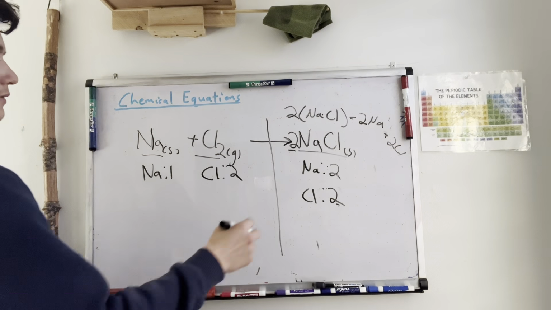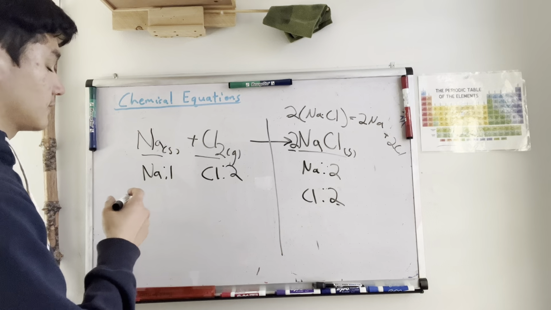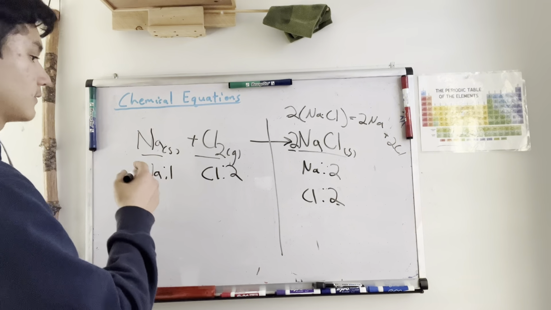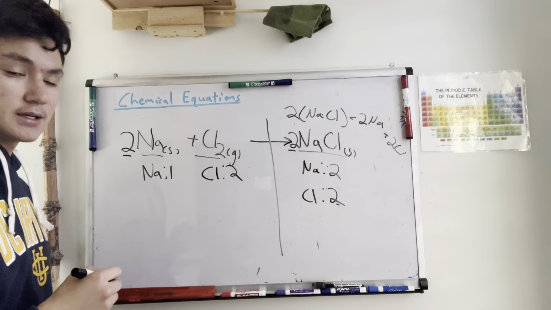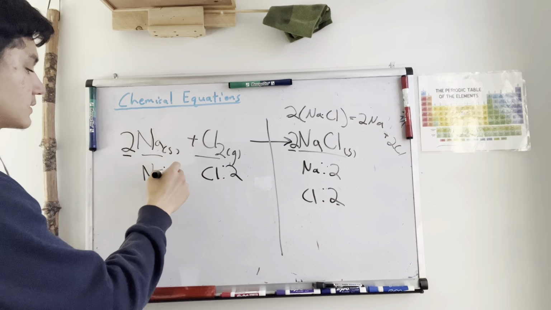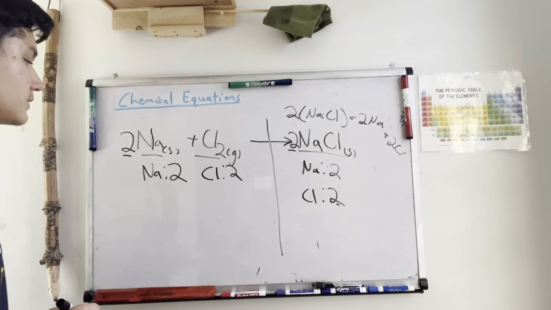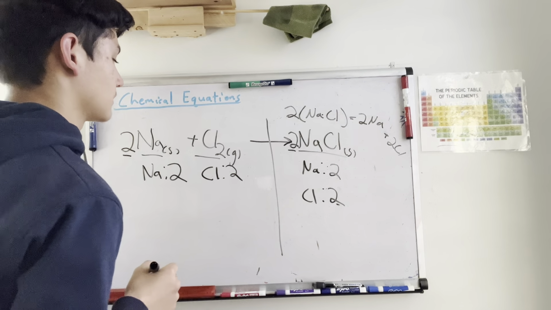Now we have an issue here. There's 1 sodium here now. We've already established that sodium didn't violate the conservation of mass before, but now it does. So now what we need to do is simply multiply it like that. 2 times Na, just like 2 times X, is equal to 2X. So this is 2Na. So now we have 2 sodiums on this side, 2 sodiums on that side, 2 chlorines on this side, and 2 chlorines on that side.